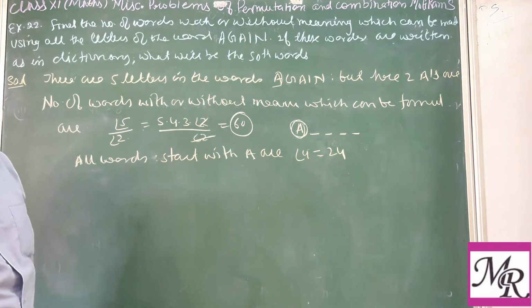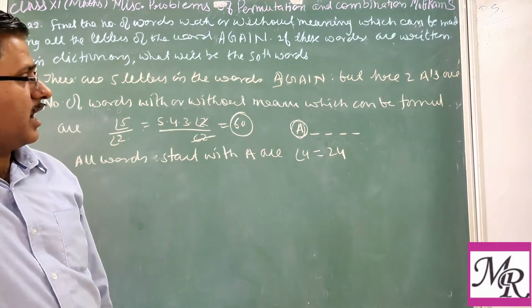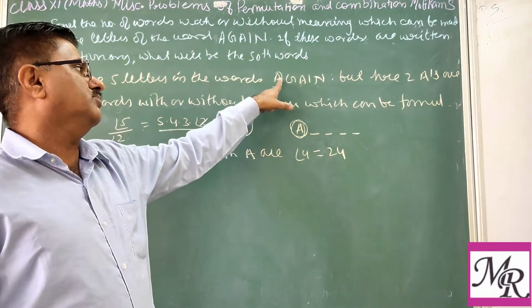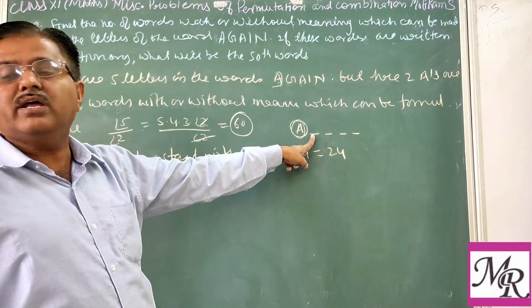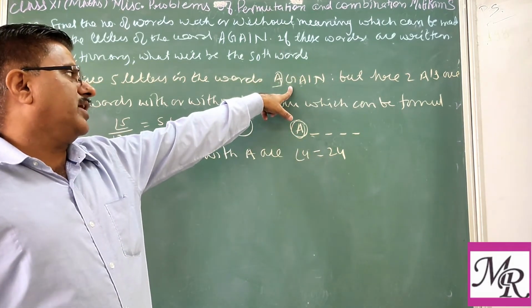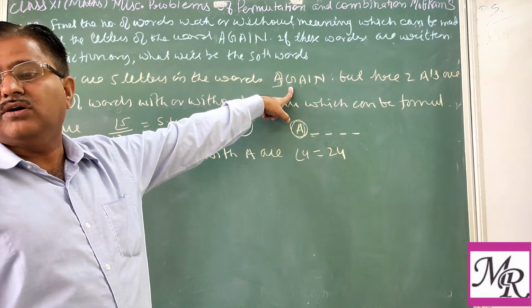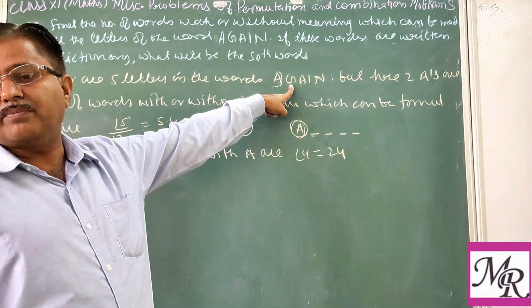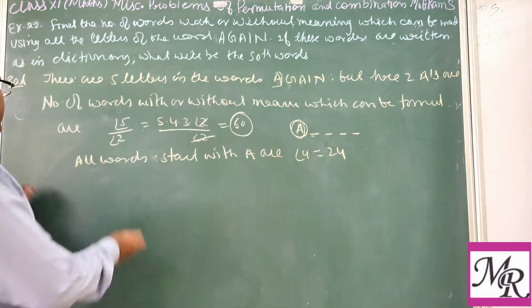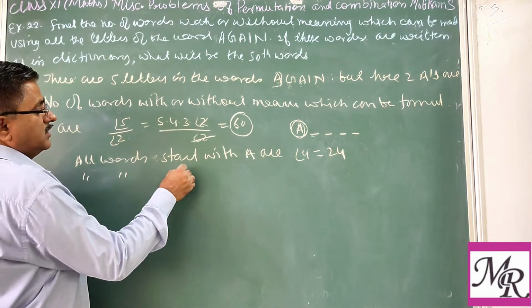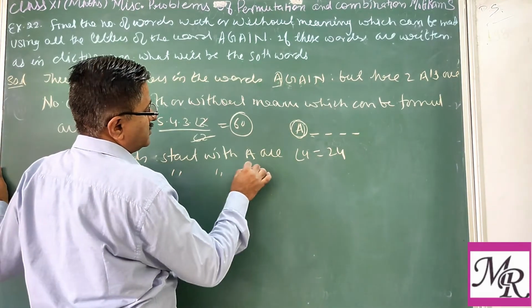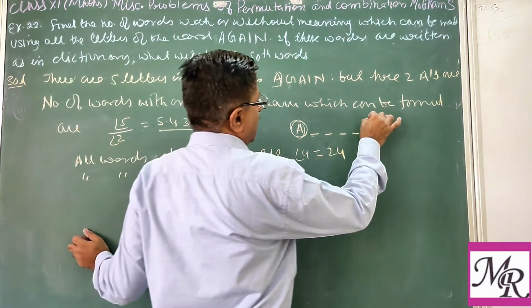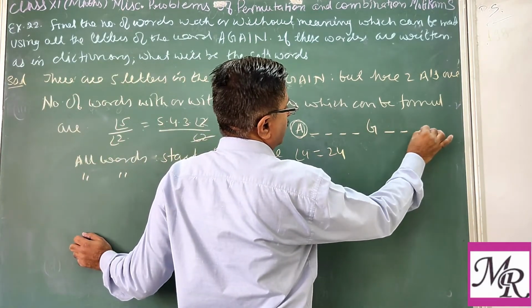Clear? A is fixed. Then again we start after A. Both A's are the same, so we can fix one, and another will be A here, another letter. Now after A, according to the dictionary, the next letter will be G. After A, G. So all words starting with G. Now G is fixed, remaining 4.